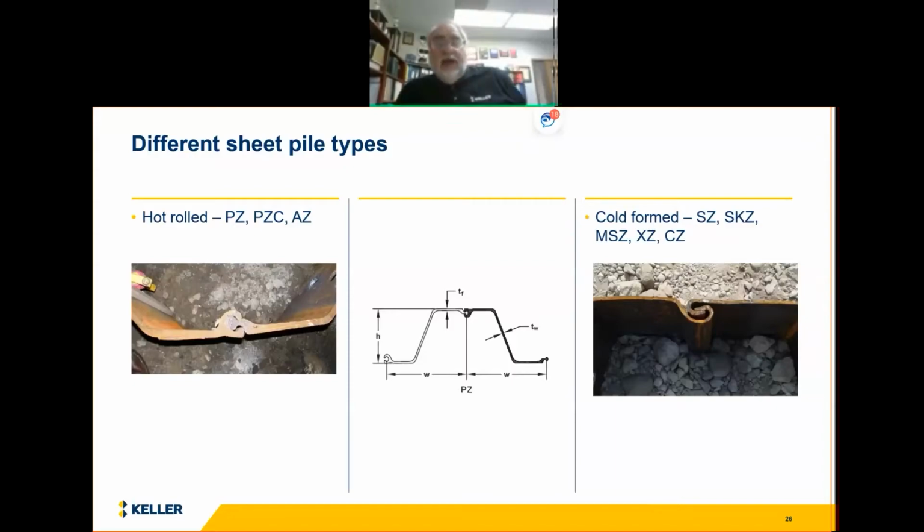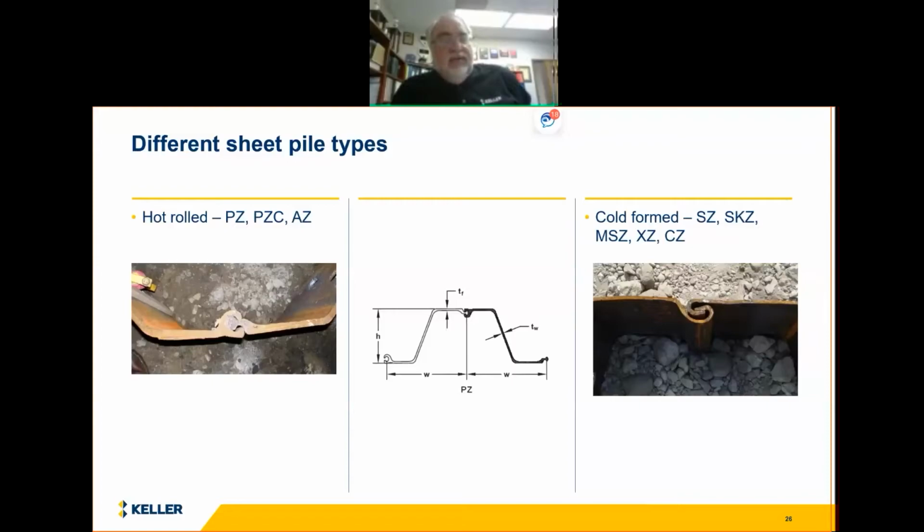There are basically a couple different types of sheet piles, both hot rolled and cold formed. The hot rolled sheets are often called Z sheets. They're shown here on the left and in the diagram in the middle. That's a typical PZ sheet. They're identified typically by the weight of the sheet per square foot.